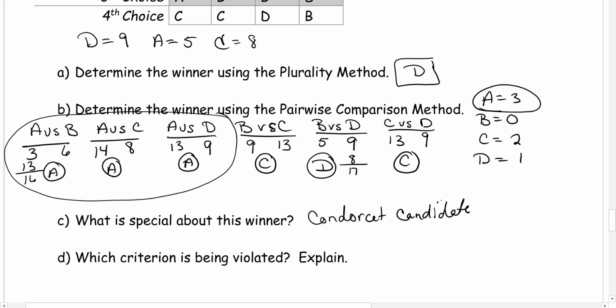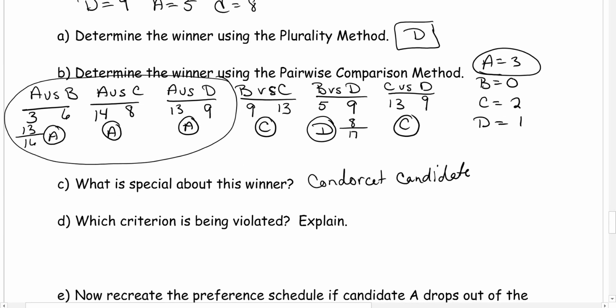And since A does not win using the plurality method, this is breaking the Condorcet criterion.